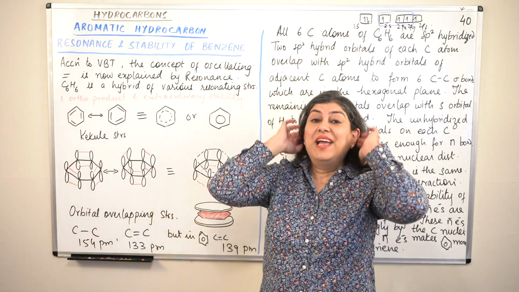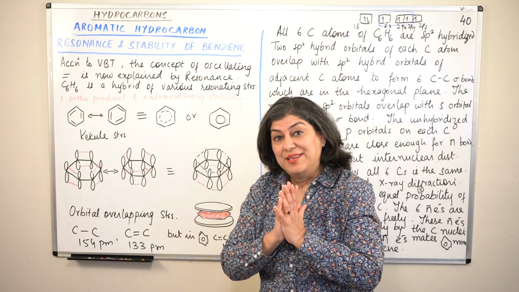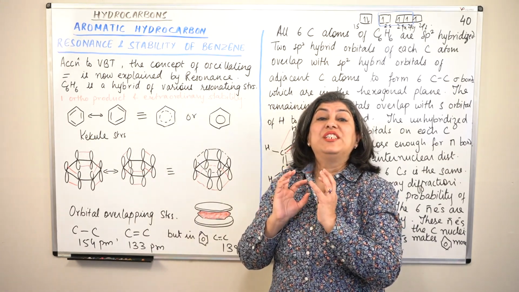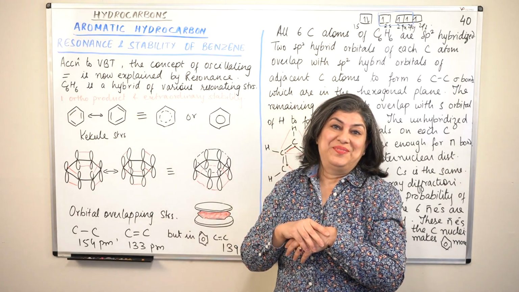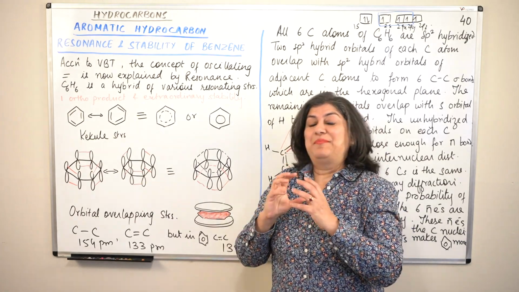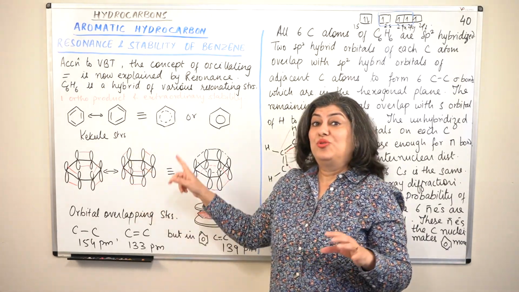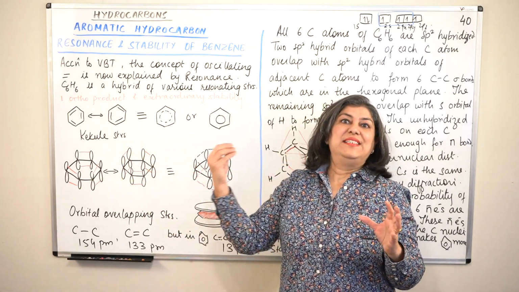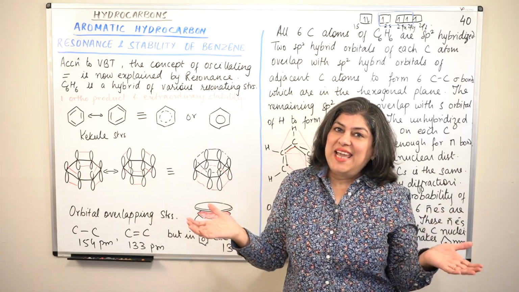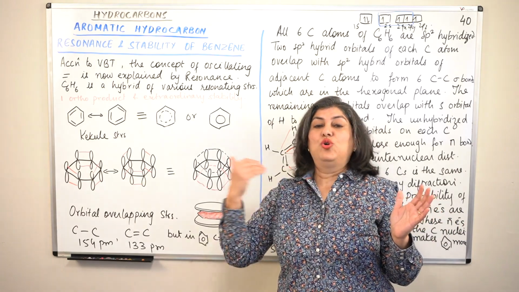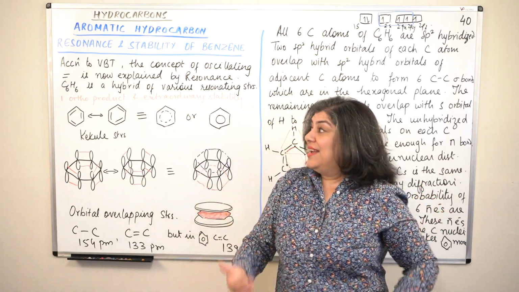Since they are shared equally by all 6 carbon atoms, this imparts a special kind of stability to the molecule. And this phenomenon is known as resonance, that the electrons get delocalized. They don't stay between 2 or 3 carbon atoms. It becomes totally delocalized. This is known as resonance.